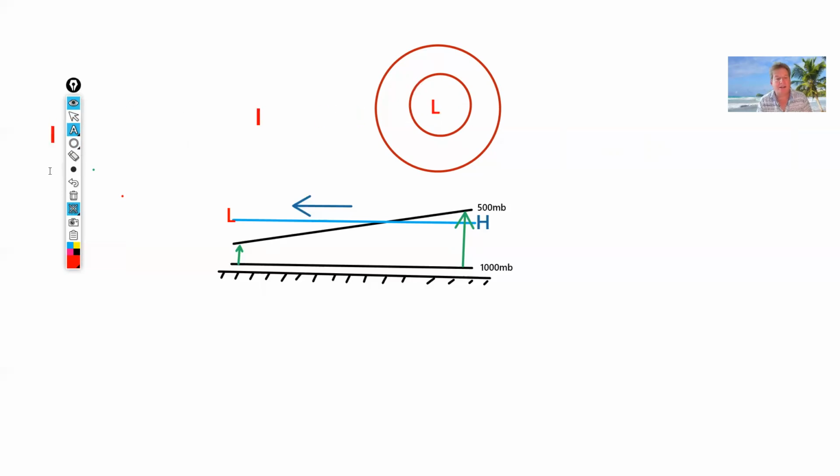What we're saying is that the air wants to travel like the pressure gradient force. It wants to travel, ooh, I'm going to make that smaller. It wants to travel this way, or this way, or this way, or this way.